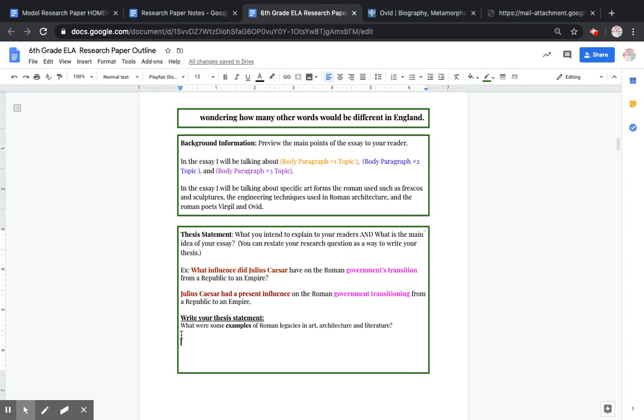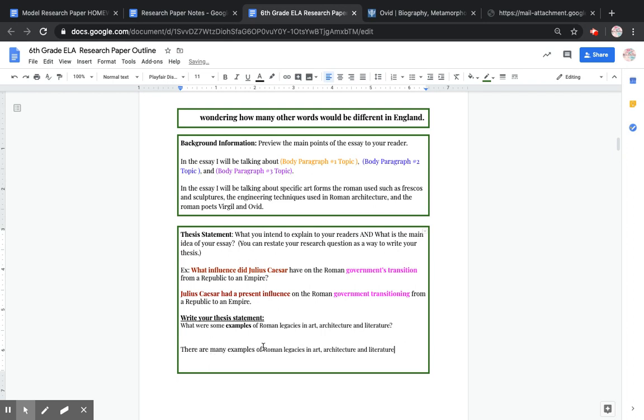So what are some examples of Roman legacies in art, architecture, and literature? I could put there are many examples of Roman legacies in architecture, art, and literature. So I can go ahead and just copy and paste that.